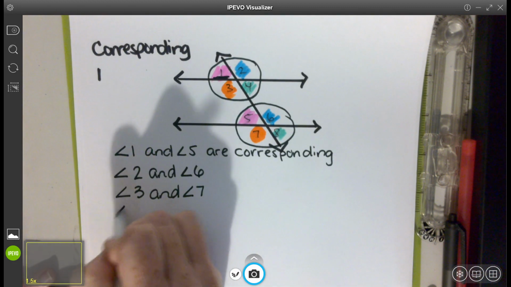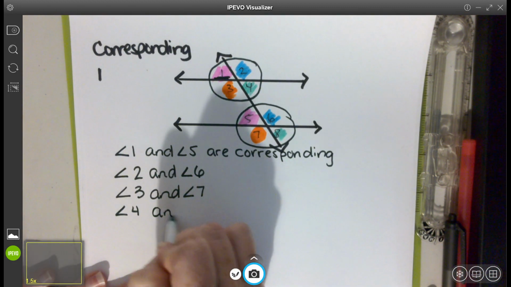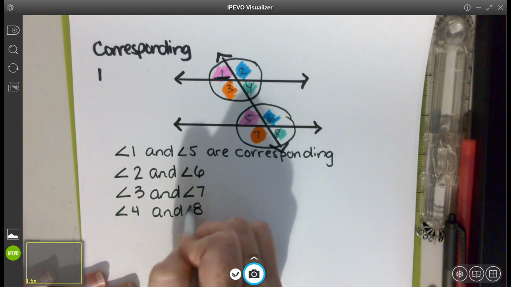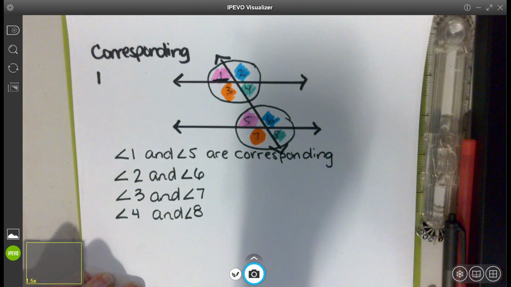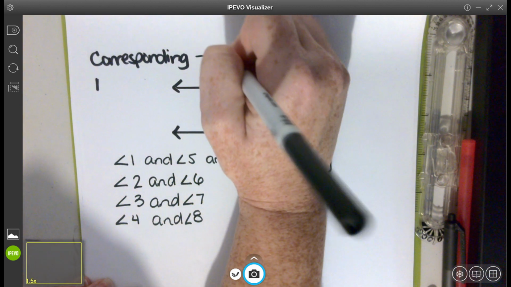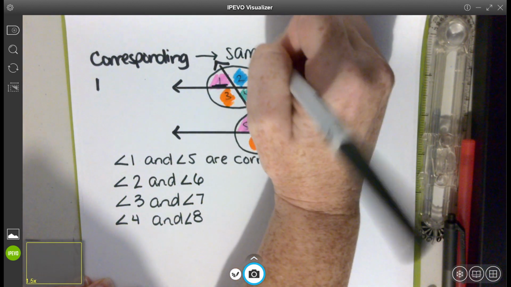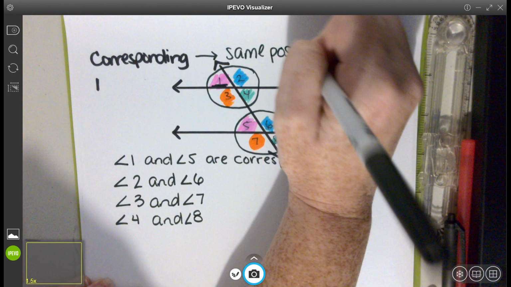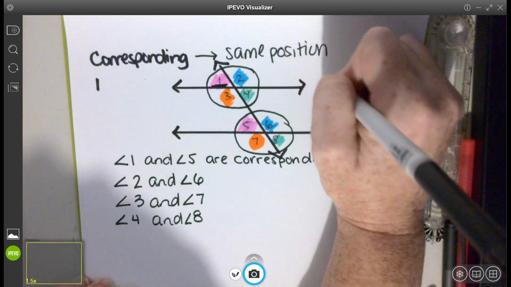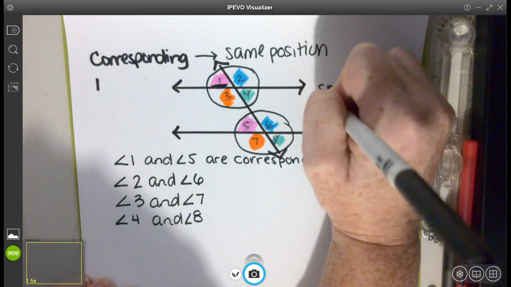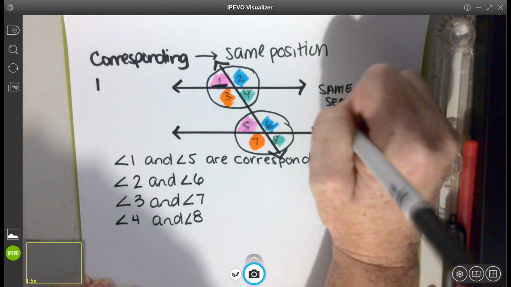And then last but not least, angle 4 and angle 8. So corresponding angles, another way we can say that is it is the same position or matching position. What I like to say is same seat, different car.